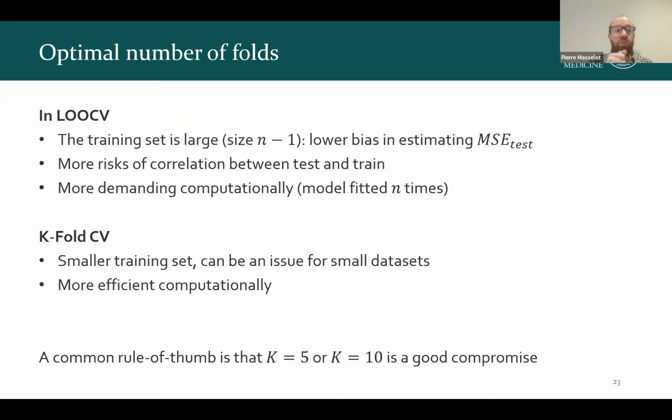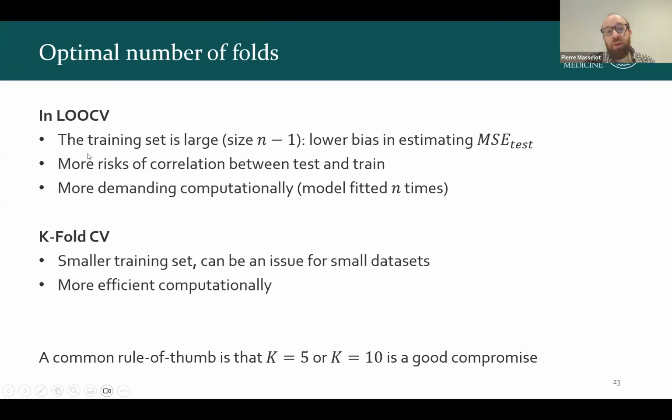It means that when you compute your MSE on the predicted observation, you end up having a better picture of what will be the actual prediction error once you deploy your final model. However, there are more risks of correlation between the test and train each time, which can make your MSE a bit too optimistic.